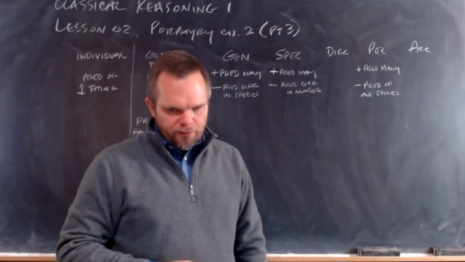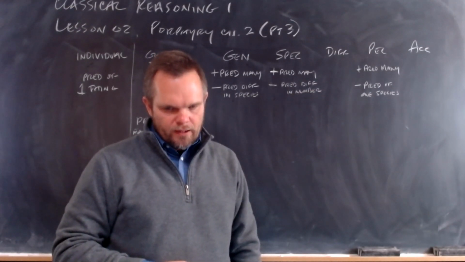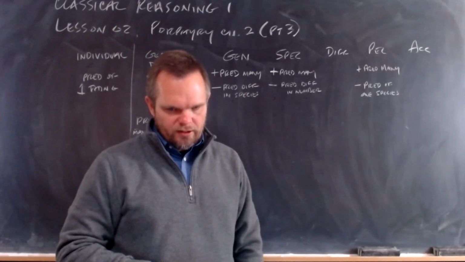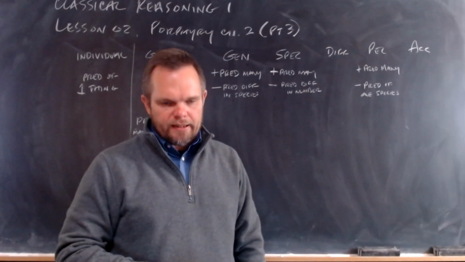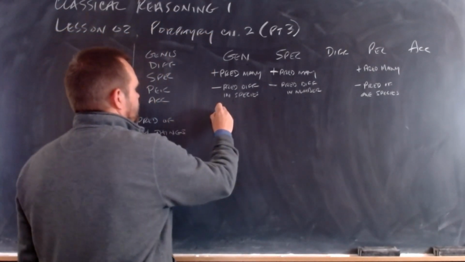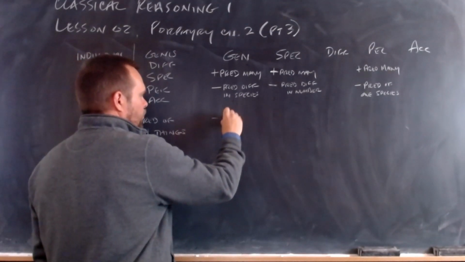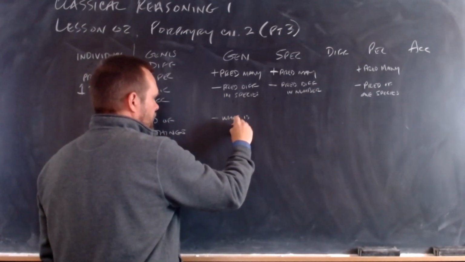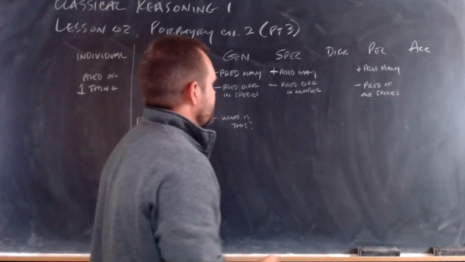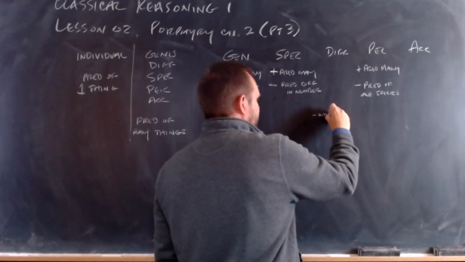Genus differs from difference and from accidents because though differences and accidents are predicated of many things, which differ in species, just like genus, they are not predicated in answer to a question, what a thing is. So genus is predicated in answer to the question, what is this? Difference is predicated in answer to the question, what kind of thing is this?